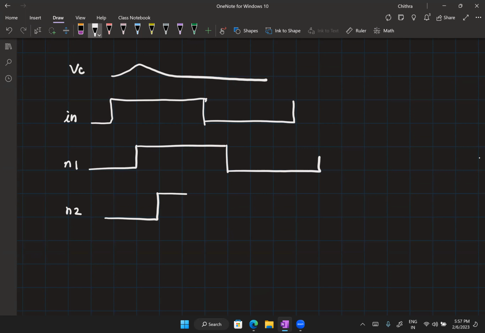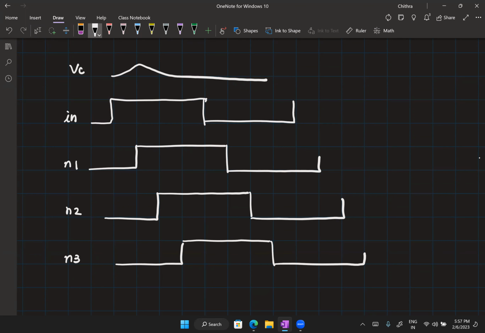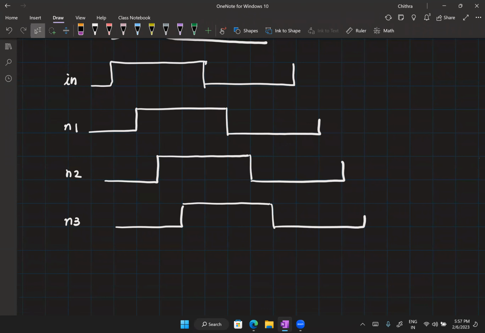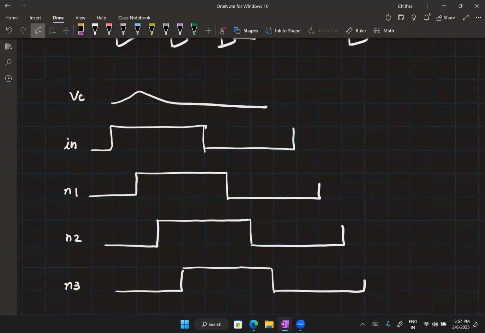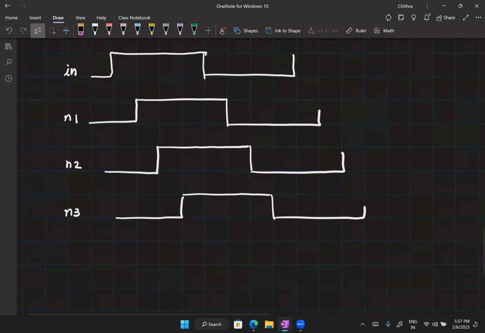N2 is this. N3 is this, etc. Now, finally, the out signal, depending upon the VC waveform, may or may not lock with an offset. So let's say out has locked with some offset, and we have it as shown here. So this is steady state. It has just locked with an offset.